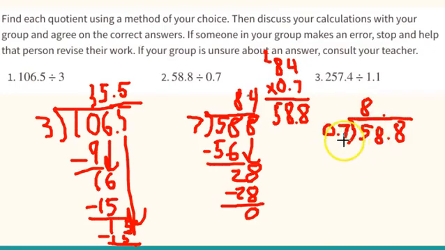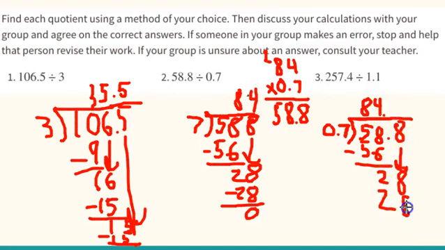Well, 8 times 7 is the 56. And then how many times can 7/10 go into 2, the whole number 2? It can go 4 times, and you have to bring down the 8, and then you get 28 here.